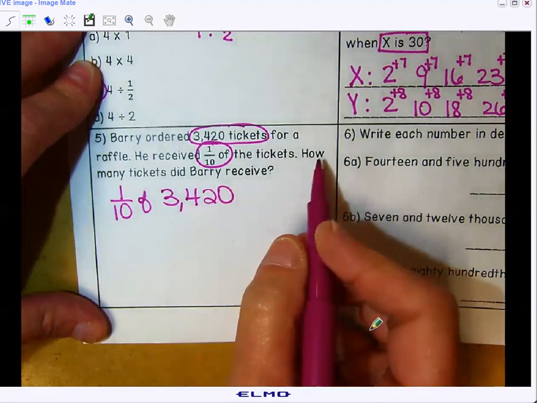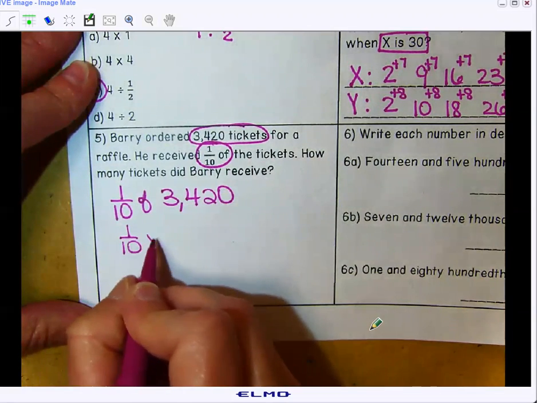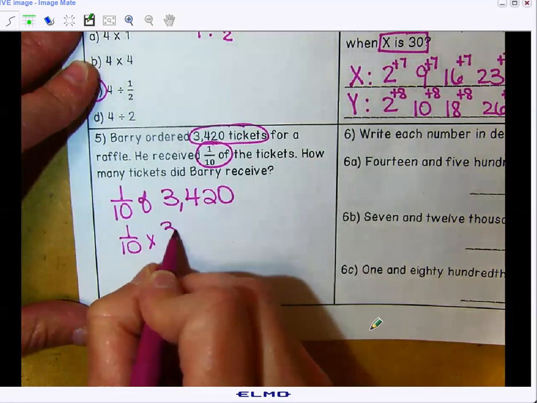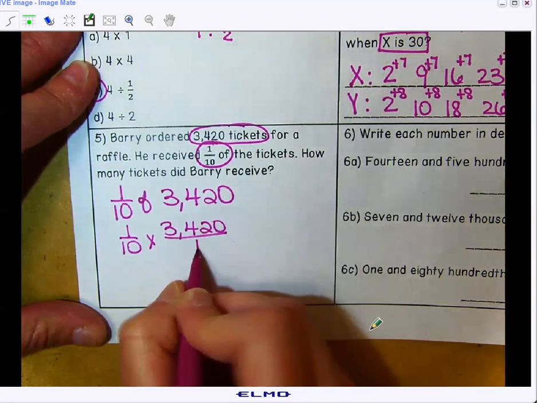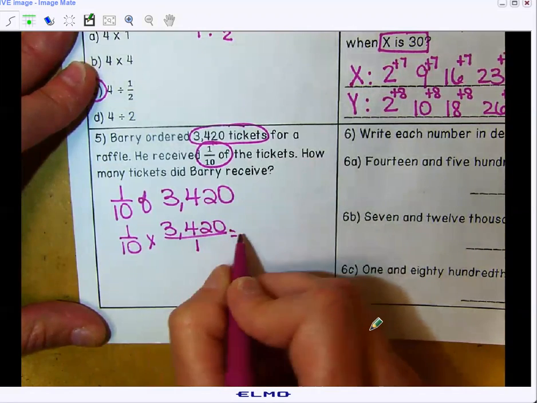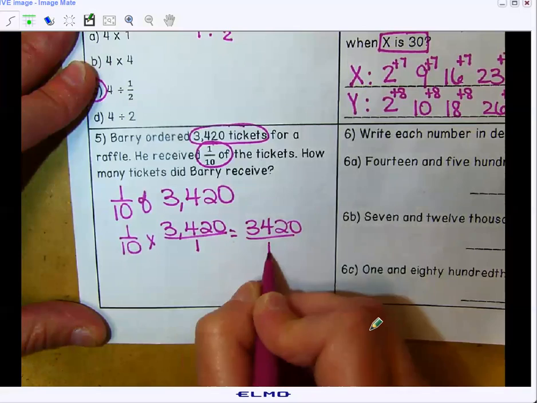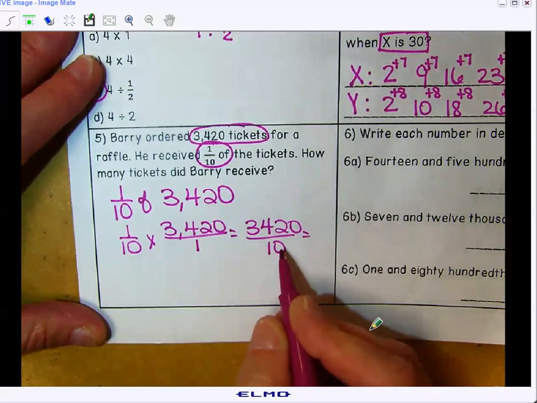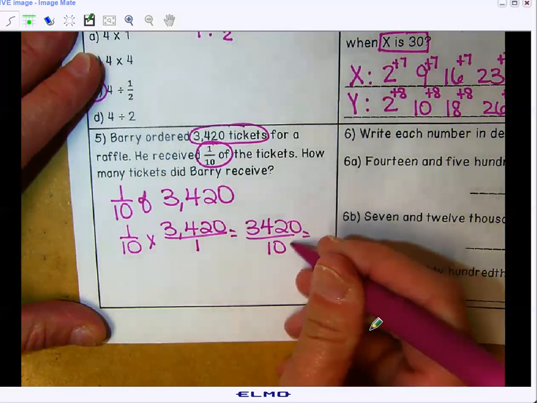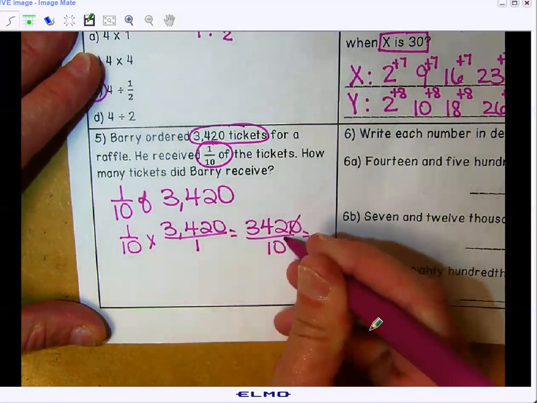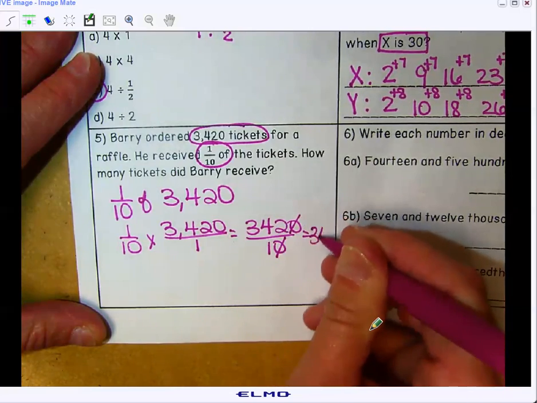So to find out how many tickets he received, we multiply, and we know that we will have 3,420 over 1. Okay, so we know that we are going to divide this by 10. We could cancel the zeros out, and then we would have 342 divided by 1, which is 342.